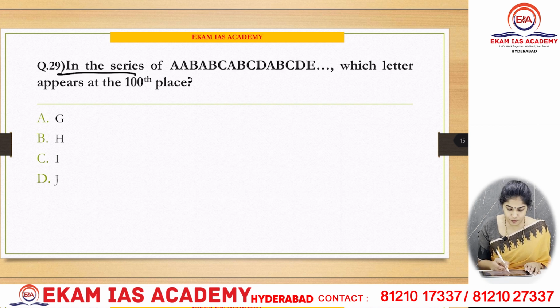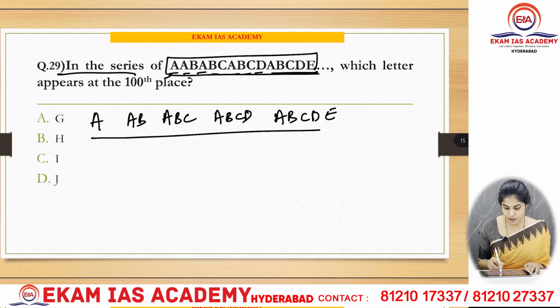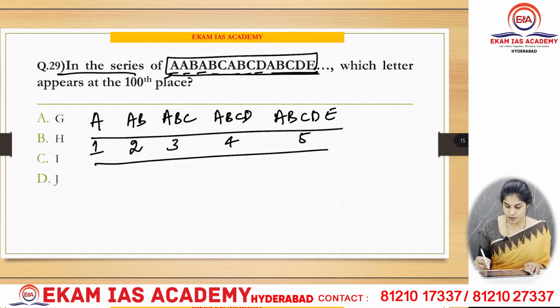In the series A, B, C, A, B, C, D, A, B, C, D, E, if you see this sequence, there is A, B, then A, B, C, then A, B, C, D, then A, B, C, D, E. Here we have one letter, here we have 2 letters, here 3, 4 and 5. It is the first natural numbers.